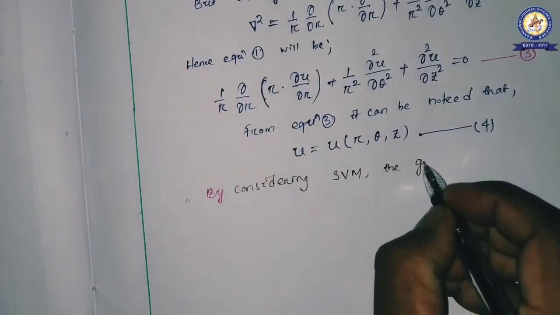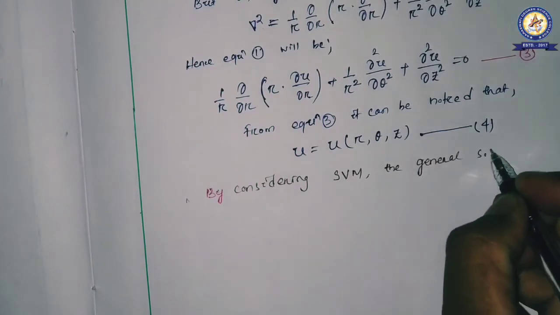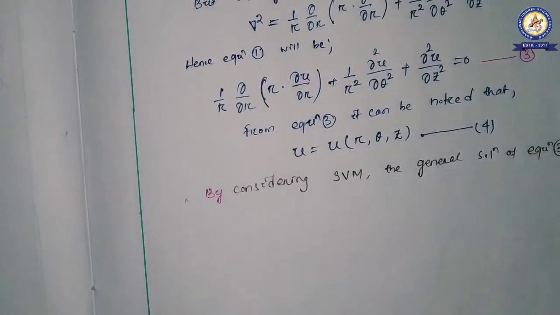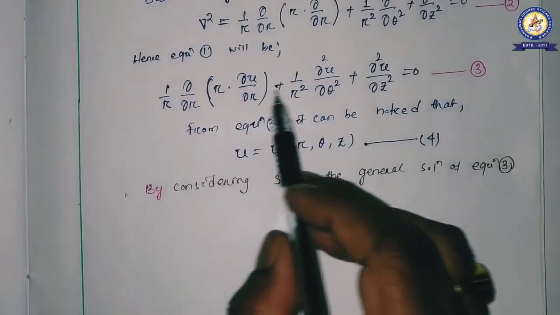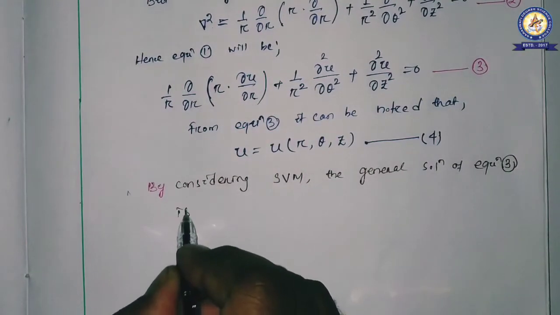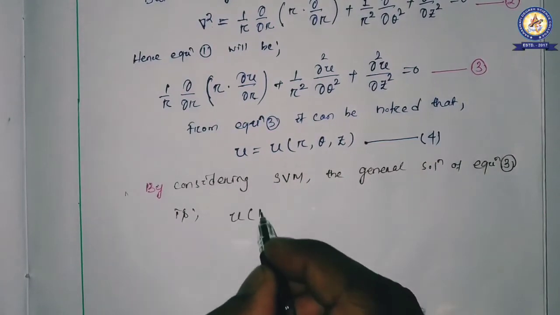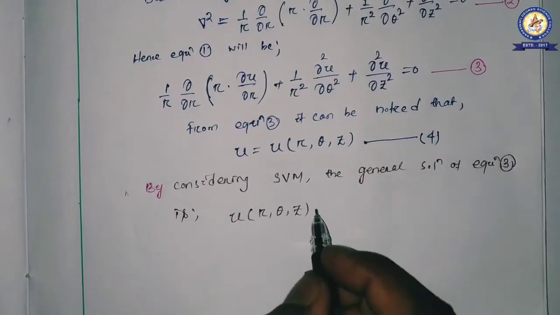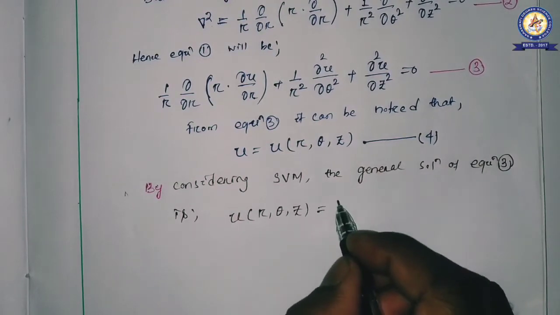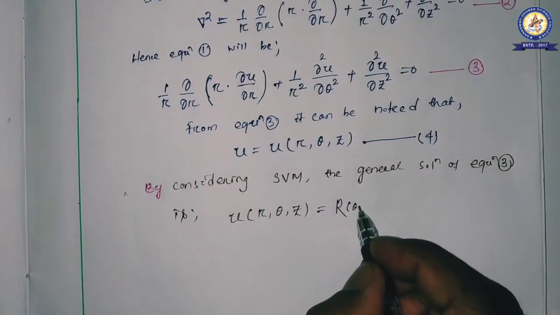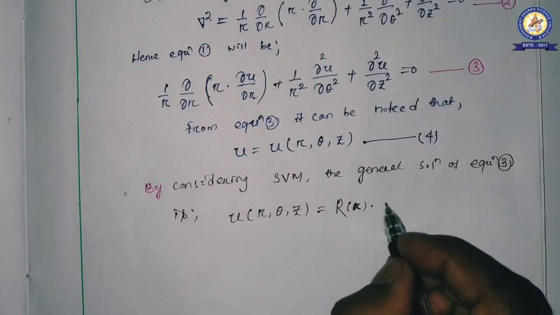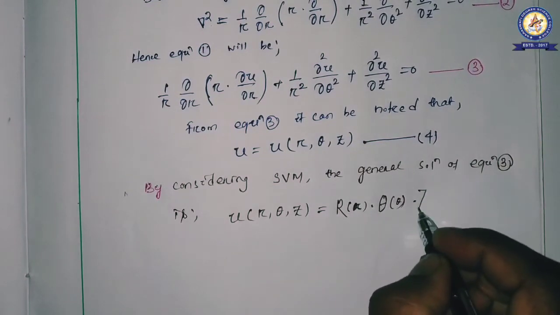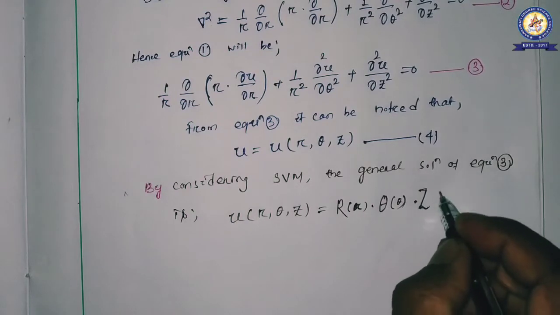The general solution of the differential equation, that is equation number 3, U(r, theta, z), where u is the function of r, theta, z, can be written as R, which is the function of only small r, into capital Theta, which is the function of only small theta, and capital Z, which is the function of only z, that we know.